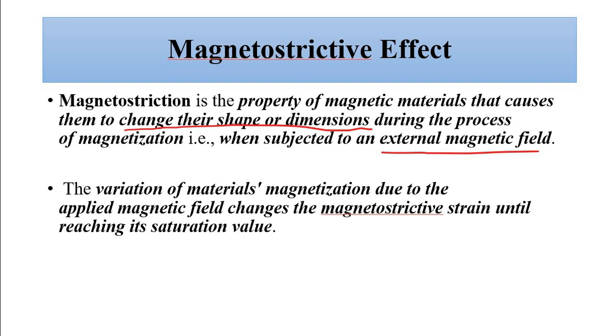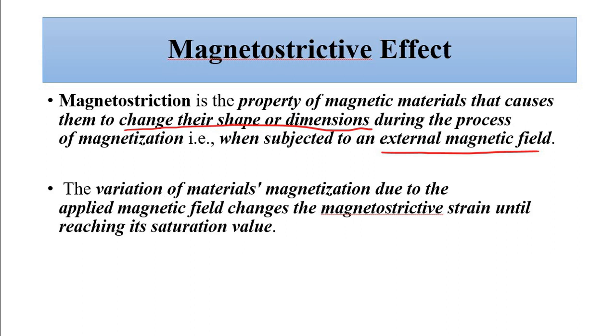Now it is because ferromagnetic magnetostrictive materials have a lot of magnetic dipoles, which are clustered together, grouped together, called domains. So when they are exposed to a magnetic field, the dipoles are aligned in the direction of the changing magnetic field. So that's why it causes a change in the shape or size.